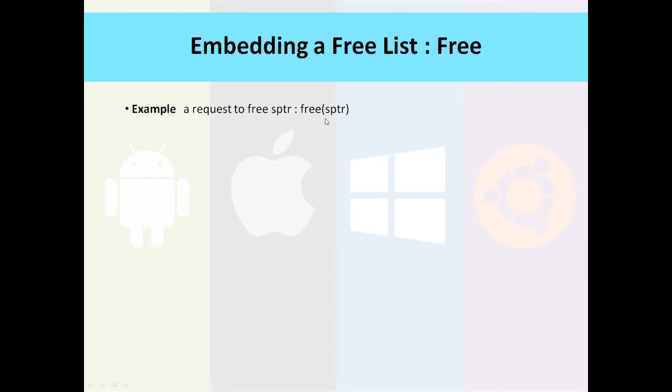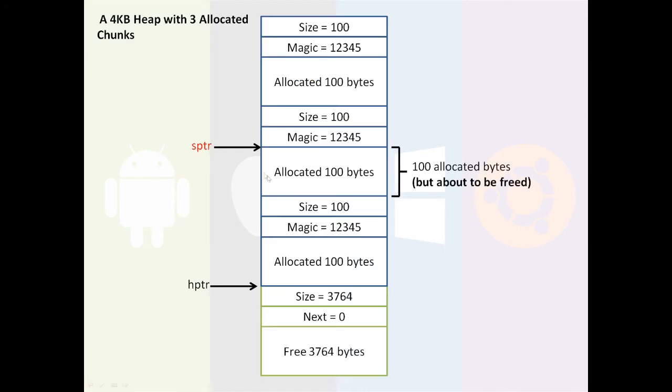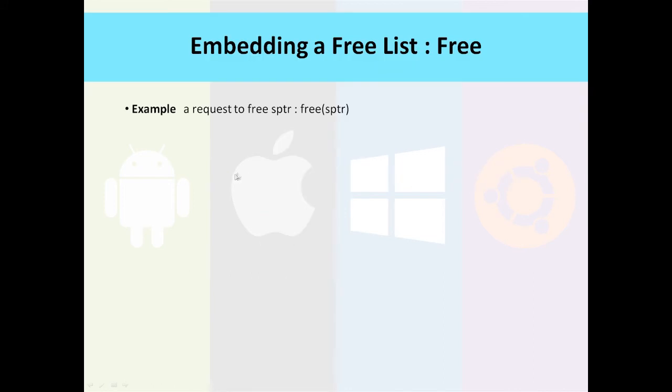And this method specifically takes in a pointer. If you remember in the previous example, I alluded to it, I have this pointer here which is pointing to some memory that I want to free. So that's how it works, right? We request to free memory at this particular pointer.